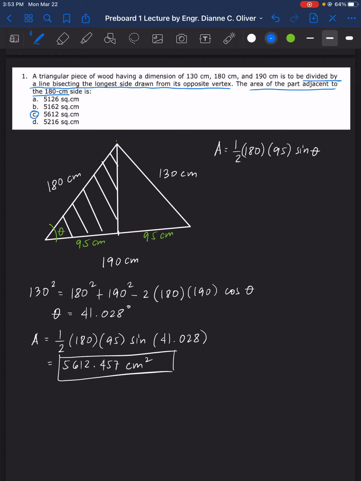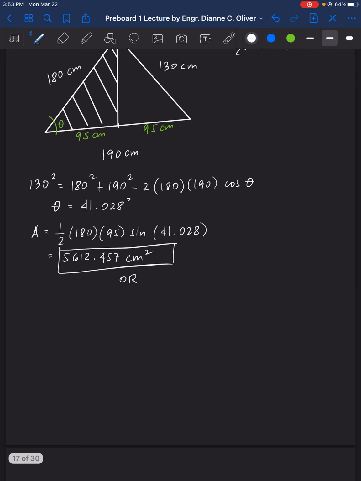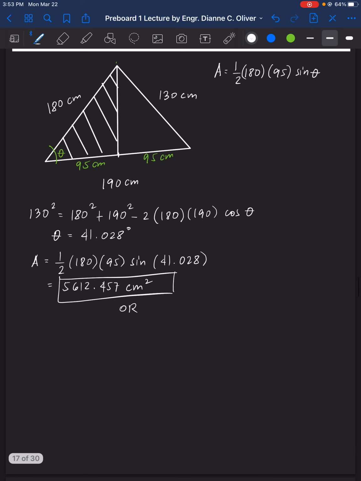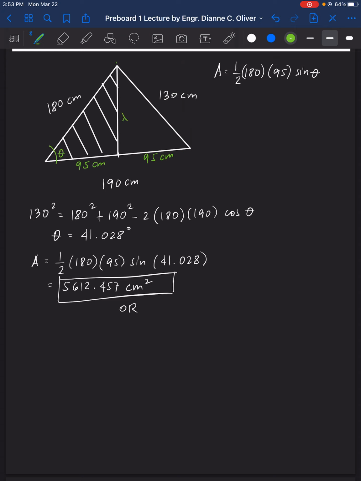Or we can have another solution for this. Here we have x. We can find the value of x since we were able to get the value of theta.